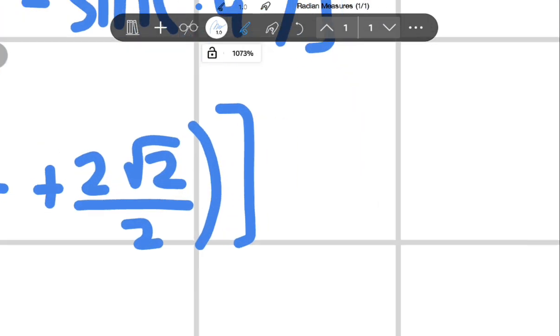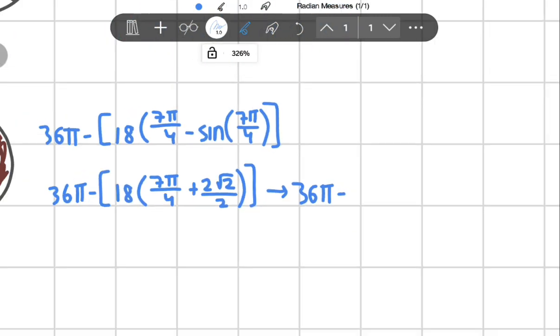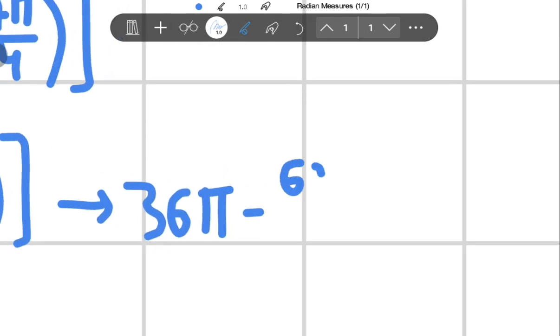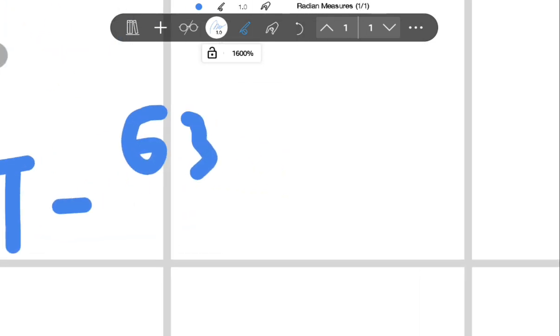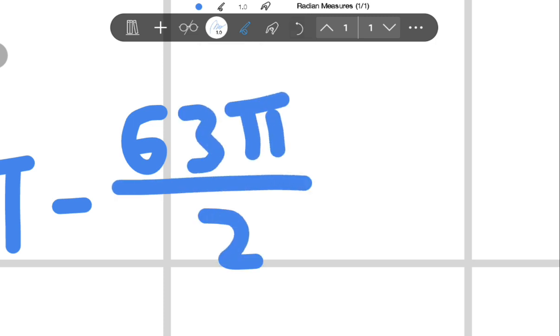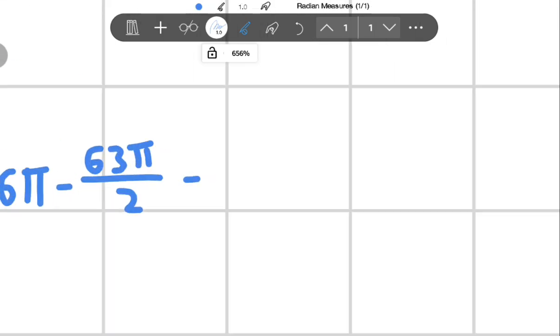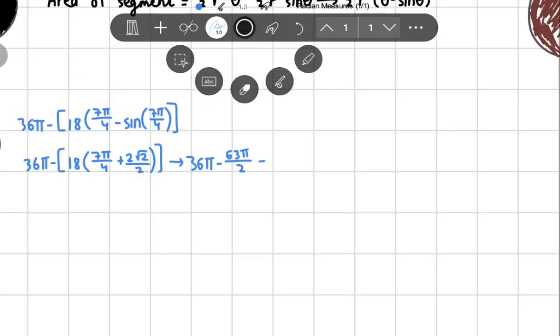So let's simplify this even further. We have 36 pi minus 18 times 7 pi over 4. That's basically 63 pi over 2, minus, I apologize, I made a mistake. I wrote an extra 2 here.